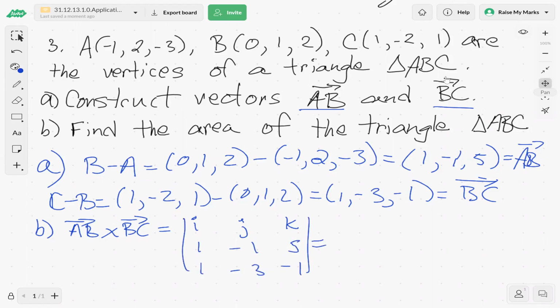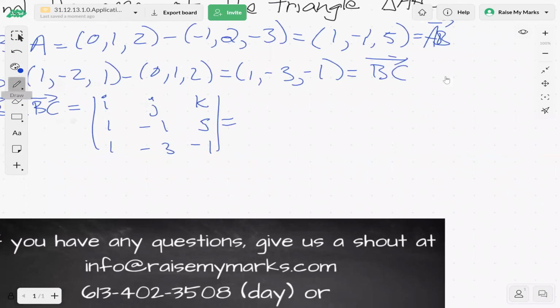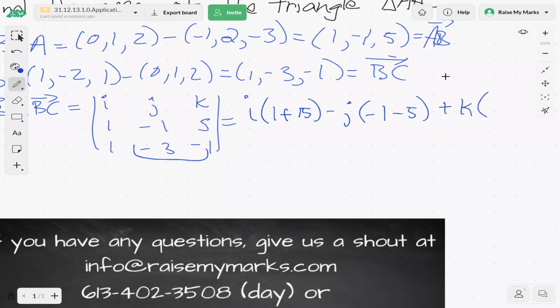All right, and let's see what we get. I times coefficient of I is negative 1 times negative 1 is 1 minus negative 3 times 5 is negative 15. Okay. Minus j times coefficient of j is 1 times negative 1 minus 1 times 5, good, plus k.